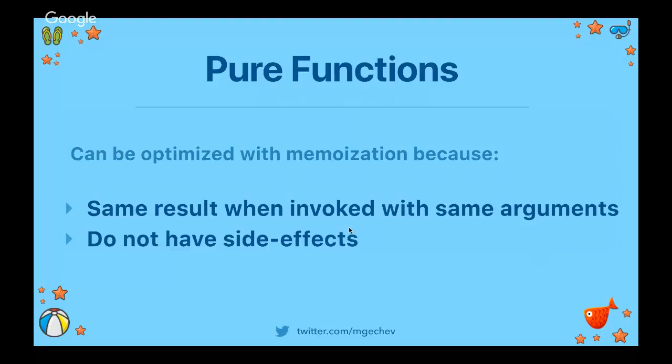In this case, it's not really applicable to use memoization because we don't know what result it is going to produce. And producing side effects is something we need to make sure the function is not doing as well. Because if we directly return the cached result, this means that we're not going to produce the side effect, which might be expected behavior. So we need to be aware of that.